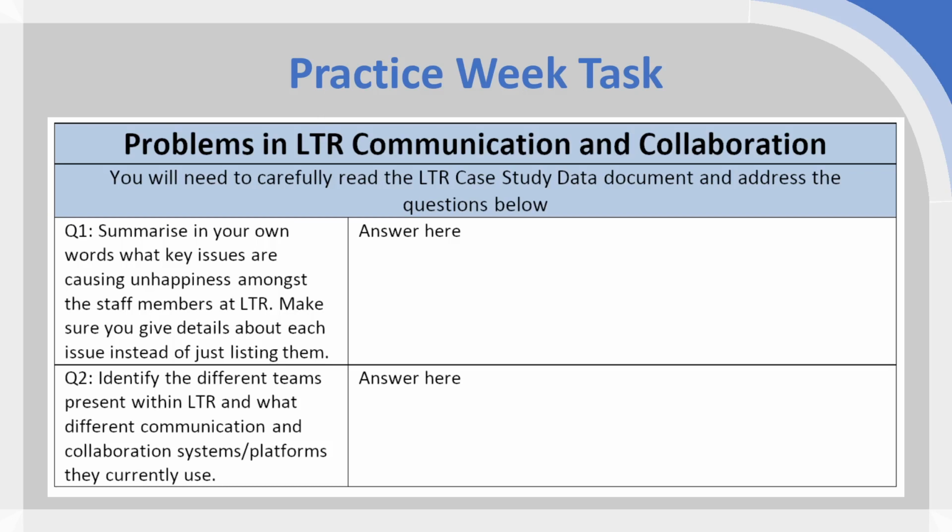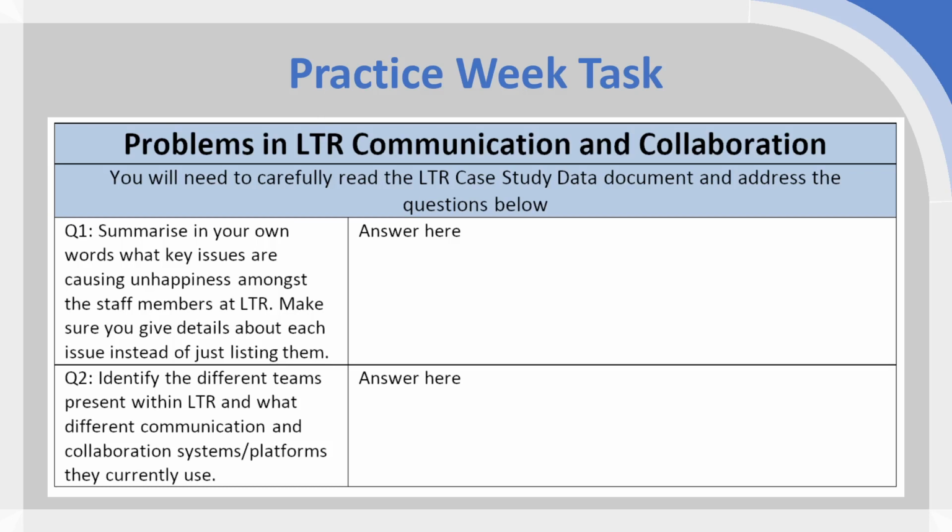So the very first thing you want to do is look through the entire document and answer question 1, which is asking you to identify key issues which are causing unhappiness among staff members at LTR. We do want you not just to list a few words here, but to give a decent amount of detail about each issue.